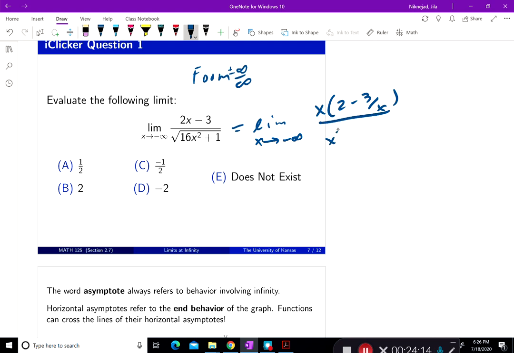Then x squared times 16 plus 1 over x squared under the square root. As x goes to negative infinity, when x squared comes out of the square root, it becomes the absolute value of x. So let's do that.